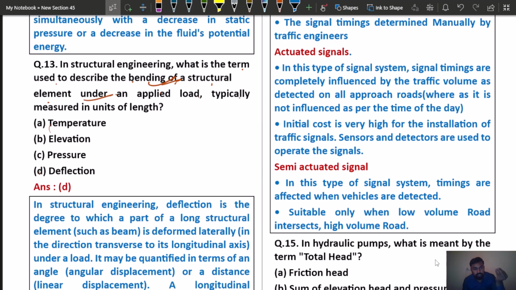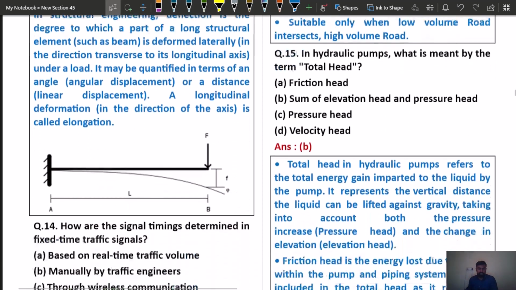So here we can see the deflection is the term which is used in structural engineering to refer to the bending of a structural element when applying any load. So option D is correct. Now proceed on next question.